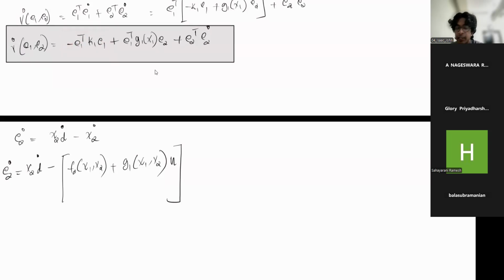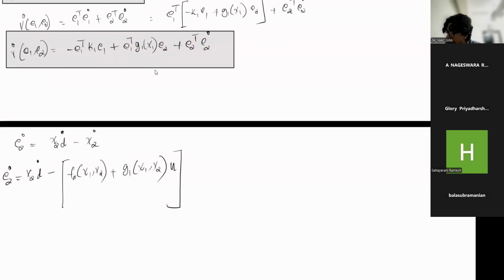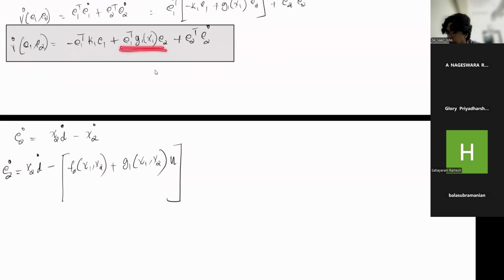We have a positive term over here, so that can be either positive or negative, depending on the values E1 or E2 takes. And we also have this term, E2 transpose E2 dot. This term we are a bit unsure about. It can be positive or negative. If E1 and E2 are both positive or both negative, this term will be positive.